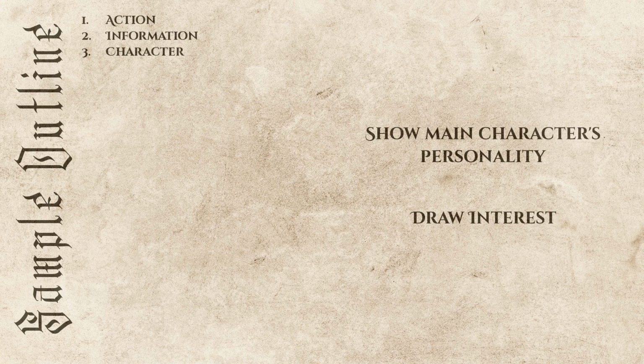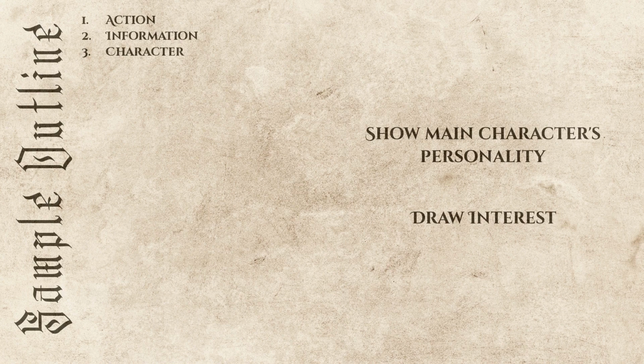We want to be able to get them emotionally attached to the character, and the only way that you can get them emotionally attached is by giving them information on the character and showing what the character is like and what their personality is like, maybe even a little bit about their background, but you can add their background later on in the story. It does not have to be right up front.